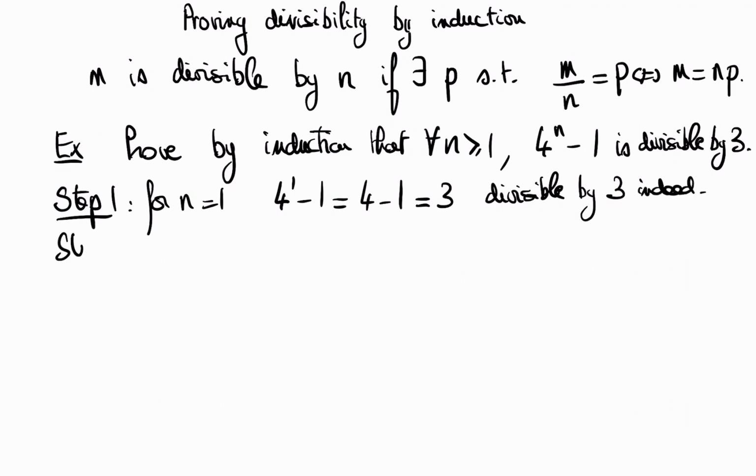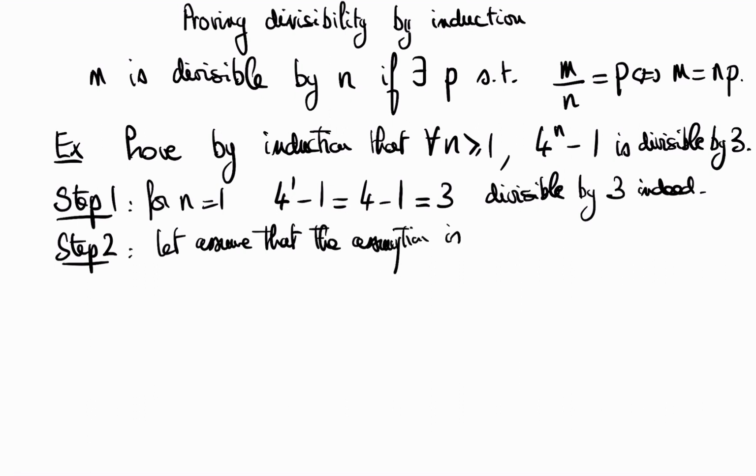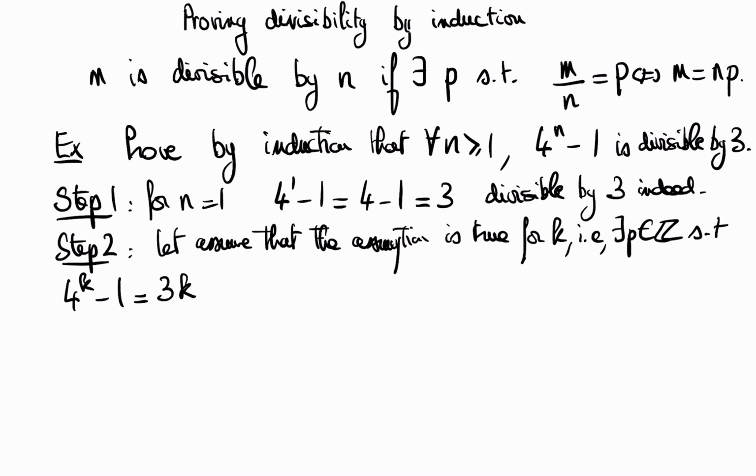Okay, so step 2. Let's assume that the assumption is true for k, i.e. there exists p belonging to Z such that 4 power of k minus 1 is equal to 3p.